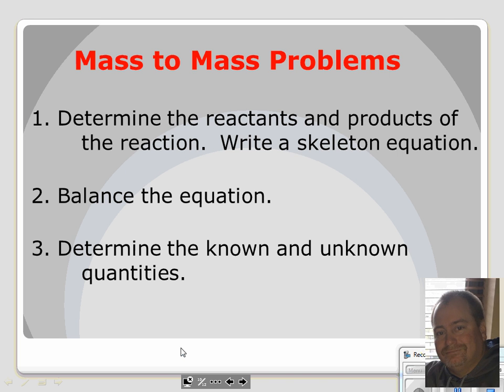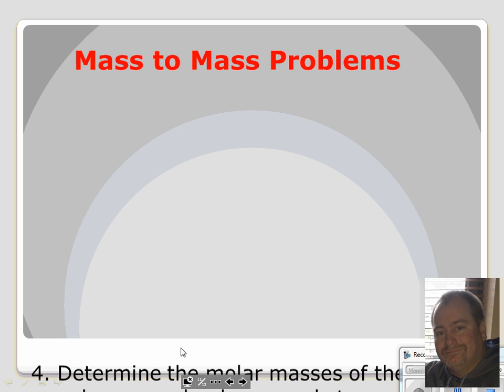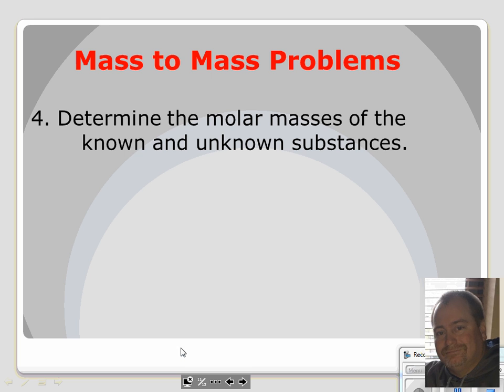The fourth step is to determine the molar masses of the known and the unknown substances.